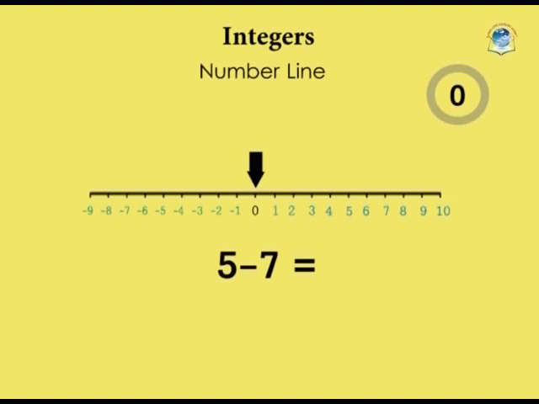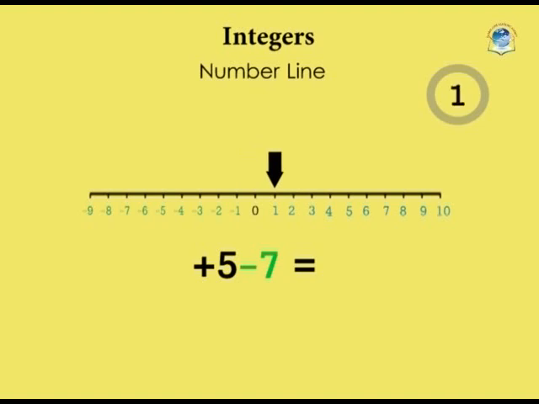In integers, the operation sign in front of a number defines that number. When no sign is written, it is a plus. So in this operation, we have plus 5 and minus 7. To work this out, starting from 0, we move 5 steps towards the right.